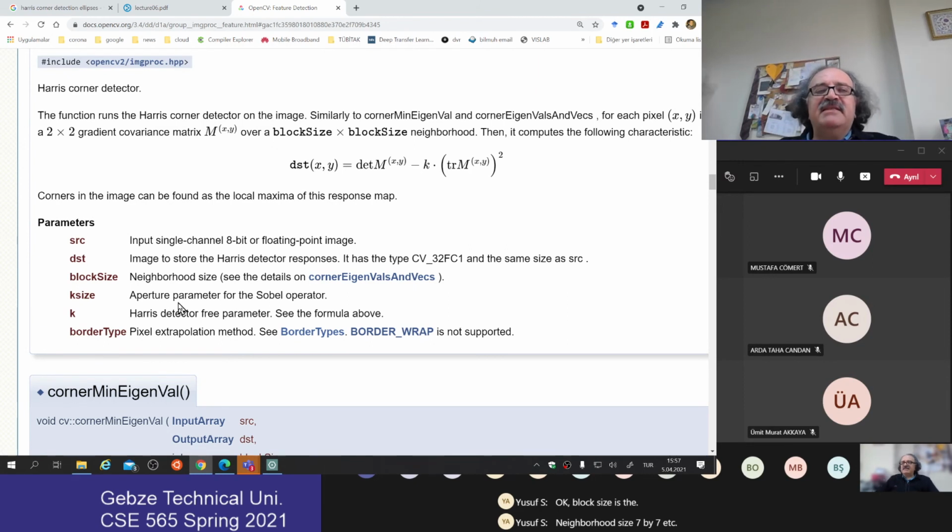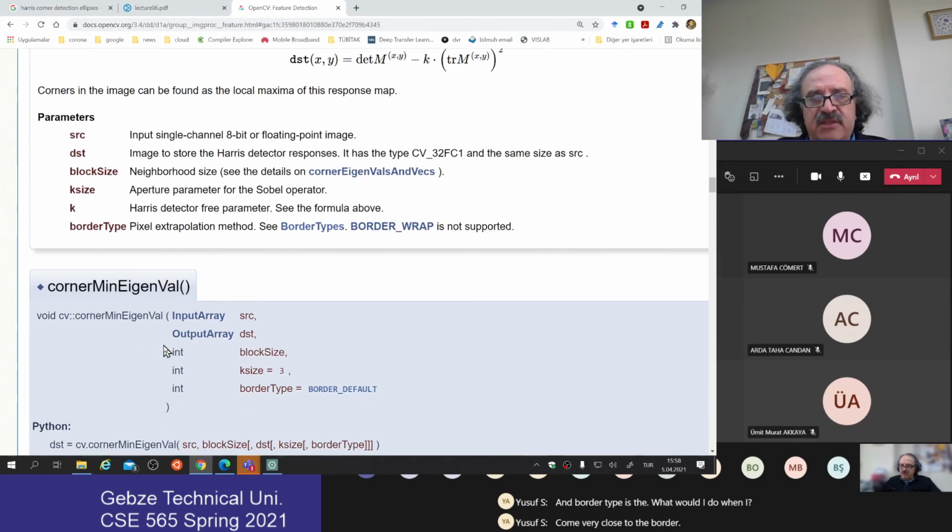And ksize is for calculating the gradient, it is using the Sobel operators, remember. Ksize is the size of the Sobel operator. And k is the Harris detector free parameter. Remember that parameter, k times something, that's 0.0 something. And border type is, what would I do when I come very close to the border?